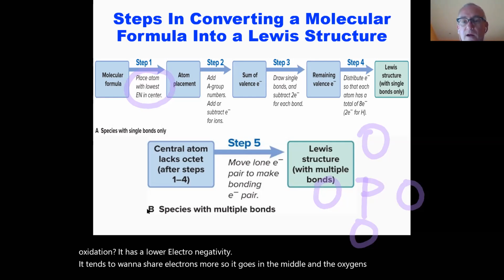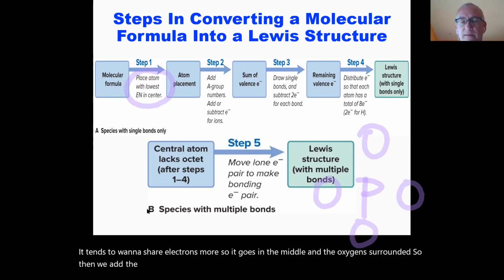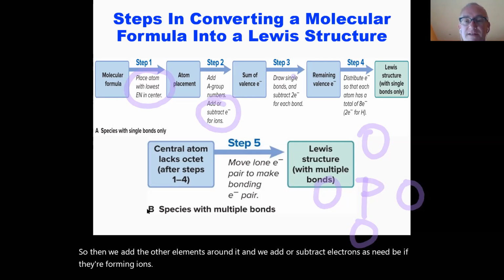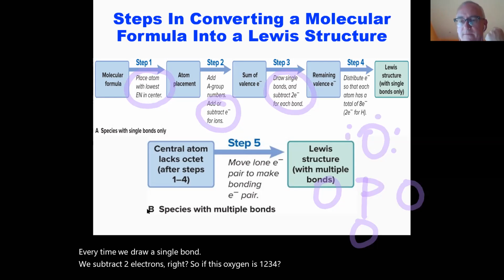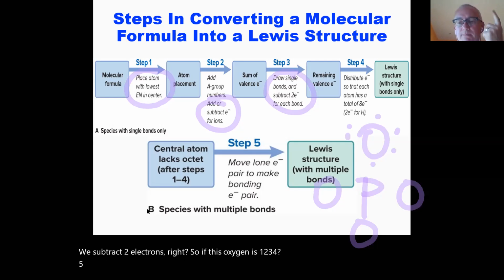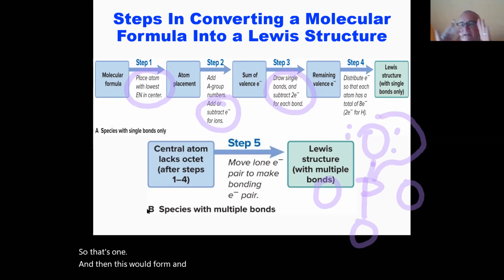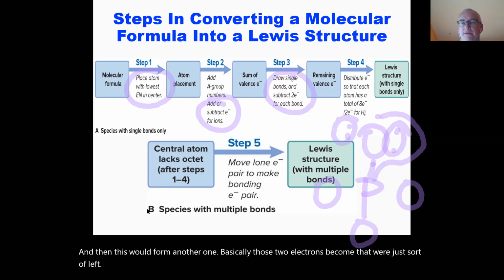Then we add the other elements around it, and we add or subtract electrons as need be if they're forming ions. Now, every time we draw a single bond, we subtract 2 electrons, right? So if this oxygen has 1, 2, 3, 4, 5, 6, every time it forms a bond, those 2 electrons become a bond, and we're left with its 2 lone pairs.